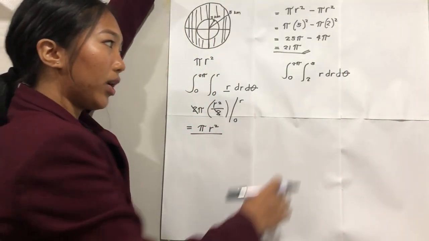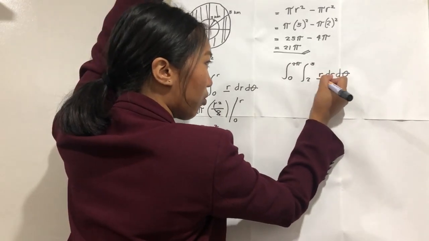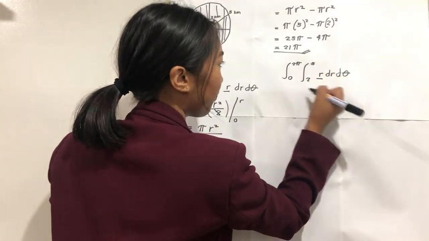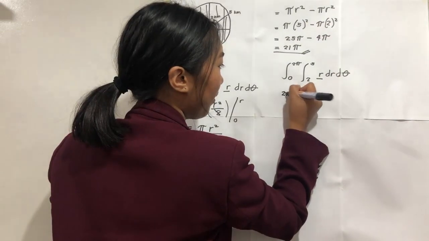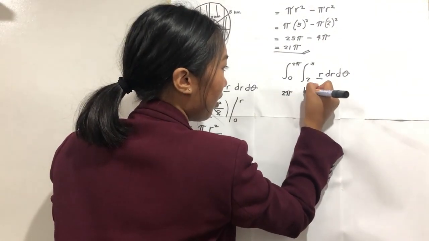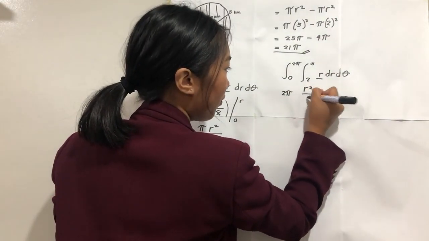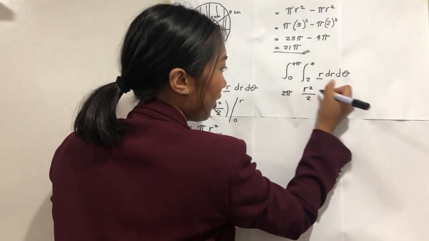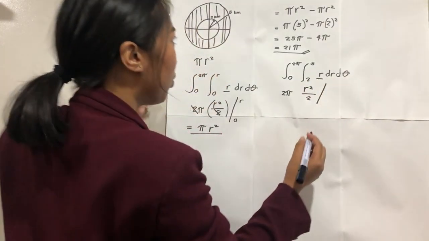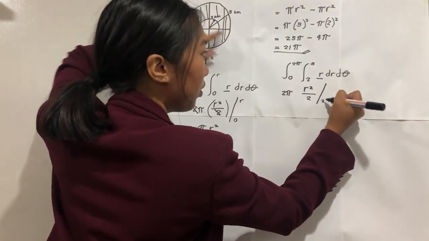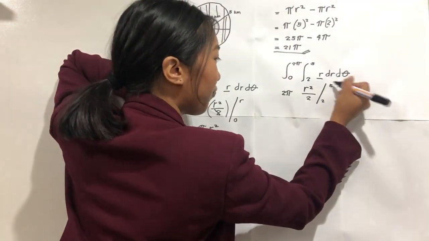And again, we're going to integrate this with respect to r, so it will give us 2 pi r squared over 2 evaluated from 2 to 5.